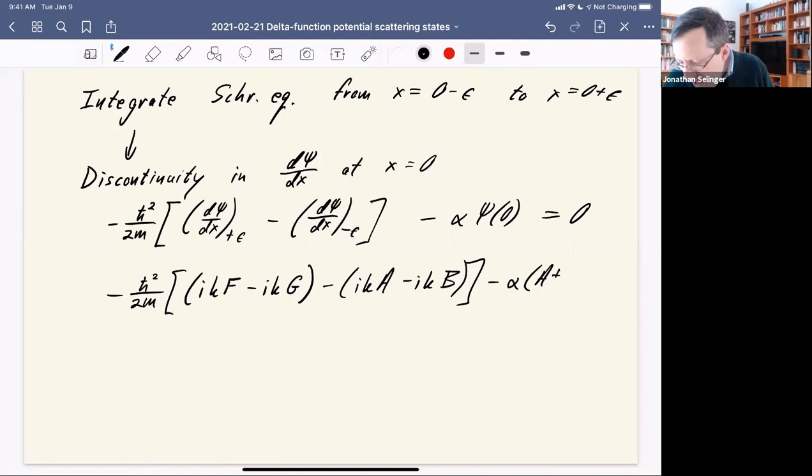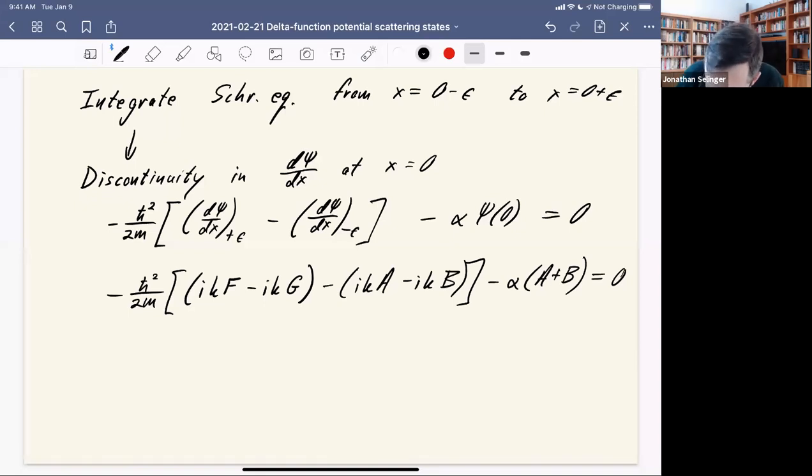Well, that is A plus B, or equivalently it is F plus G, either way. So that equals 0. Okay, so this is another equation involving the A, B, F, and G coefficients.